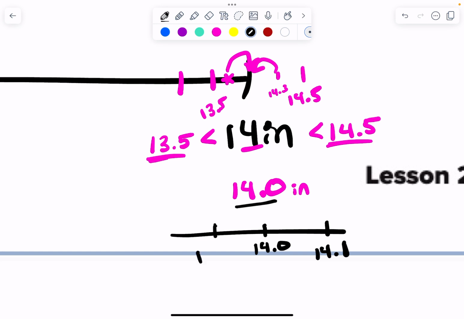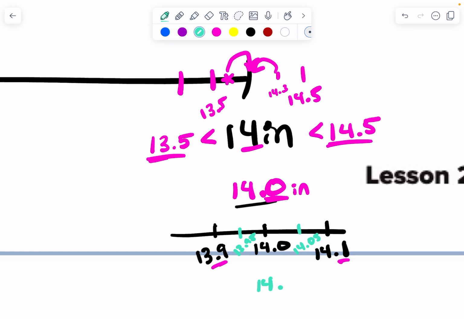This increment would be 13.9, because I'm rounding to the nearest one decimal number. So the next decimal would be 0.1, the lower decimal would be 0.9. So in that case, it would be anywhere between 13.95 and 14.05.